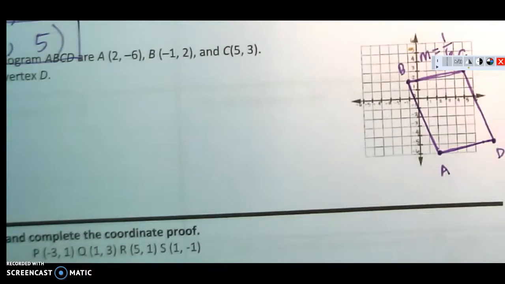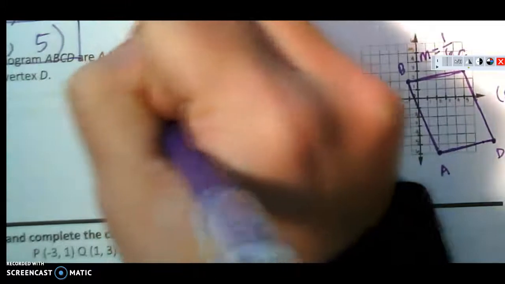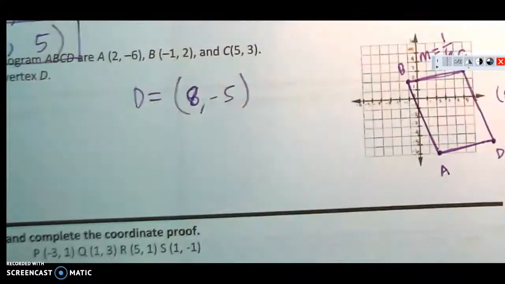Okay, so if we go to figure out where this coordinate is, we went 2 off the graph, so that's 7, 8. So we went over 8 and down 5. So it looks like the coordinate for D is (8, -5).